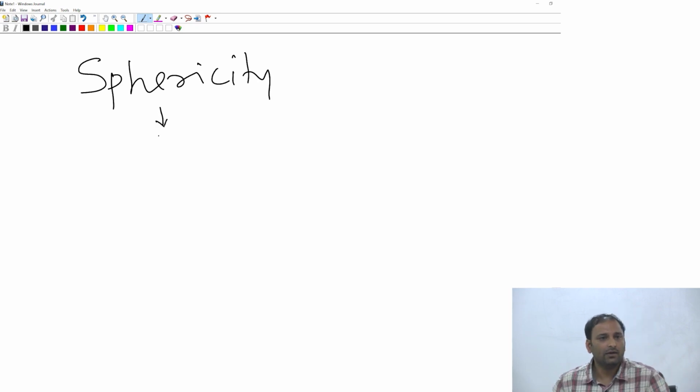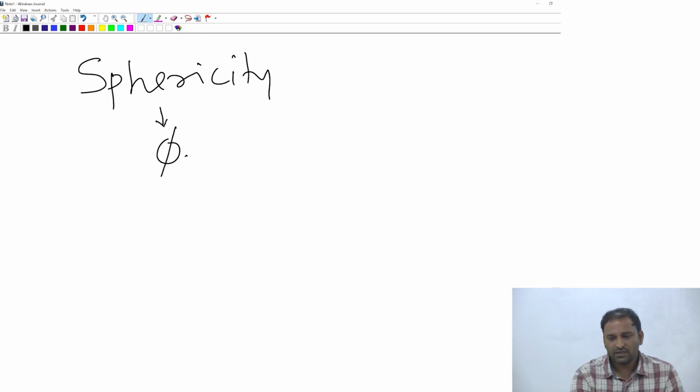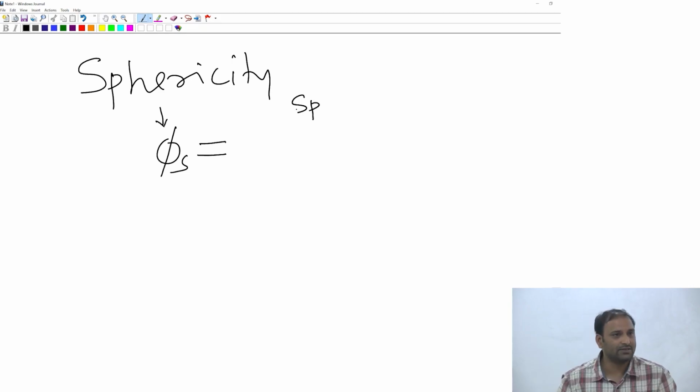This is typically defined by a parameter denoted by phi s, and sphericity is defined something like this.